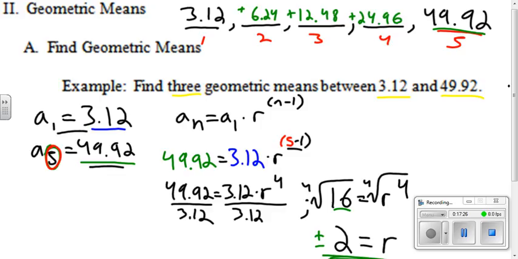But say it was our negative 2 value. Then 3.12 times negative 2 would be a negative 6.24. Negative times negative 2 would be another positive. Positive times a negative, this one could also be a negative 24.96. Negative times a negative would give us positive again. So it looks like this last one will always be positive no matter what, which it should be, because that was the one already given, so it shouldn't change.